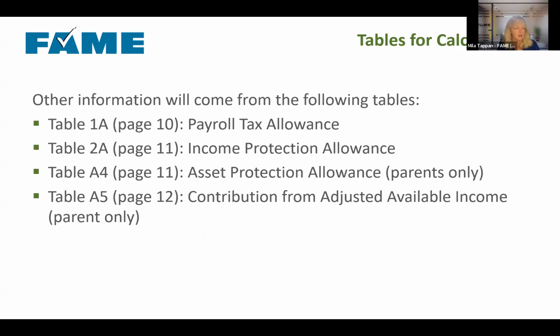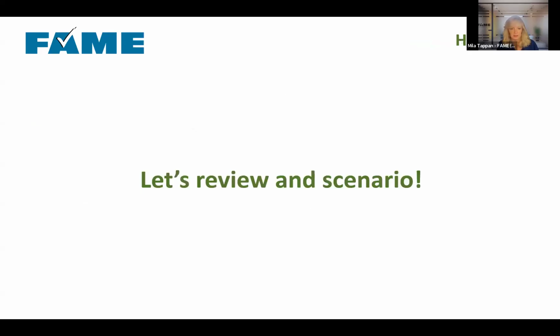You can see it on our website and print it off if you would like to. We will use information that will come from other pages of the packet. For example, there are tables on what we allow for the payroll tax. There's an income protection allowance. There's an asset protection allowance. There's this weird calculation that gets used at the end of determining the parent SAI. So those are all tables that I'm going to be referring to as we walk through this calculation.